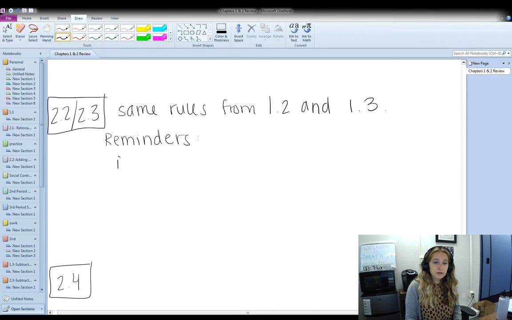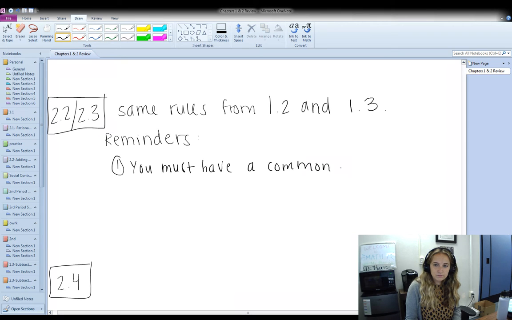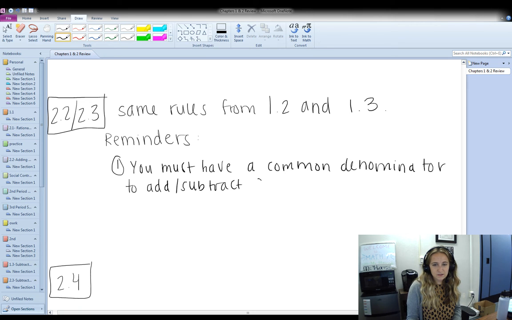The first very important reminder is you must have a common denominator to add and subtract fractions. You have to have the same denominator.